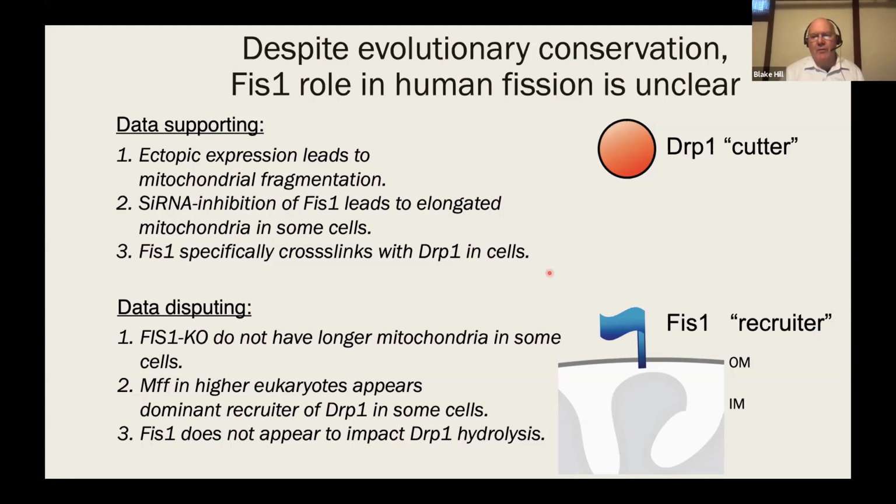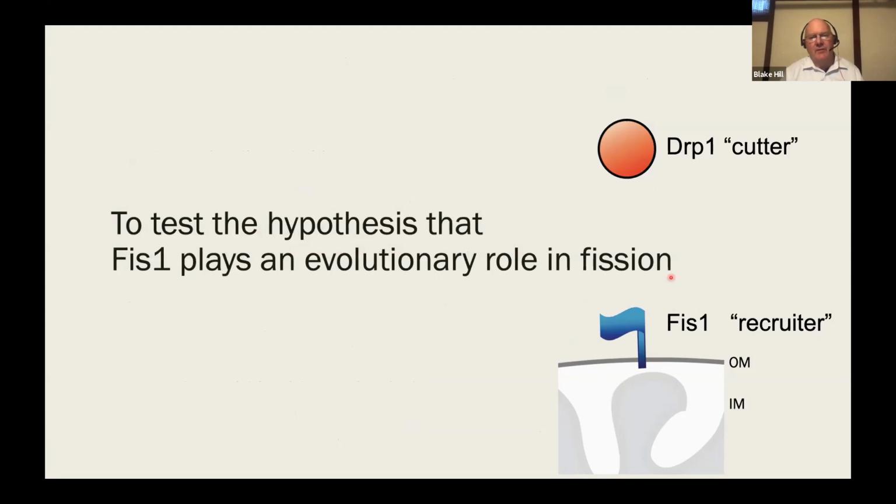So some folks in the field think that Fis1 is dispensable for fission, yet it's one of the two evolutionarily conserved proteins in all species that have mitochondria, Fis1 and DRP1. So the question that we've been asking or testing is whether Fis1 does play some sort of evolutionary role in fission in human cells.